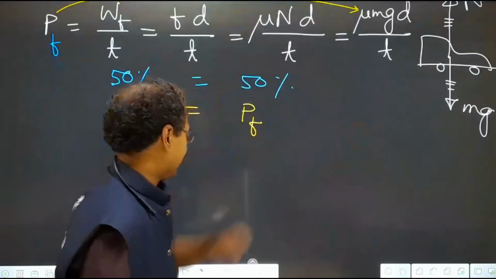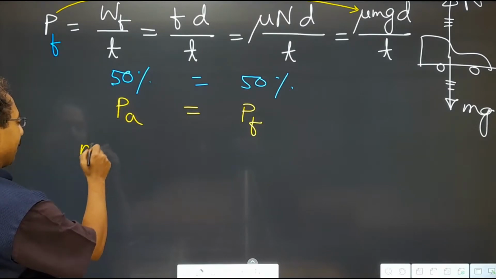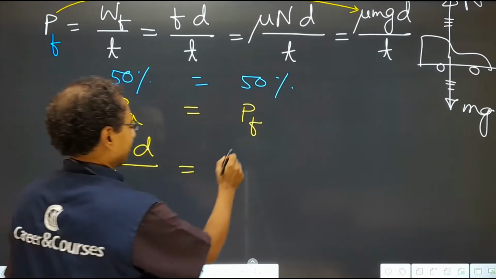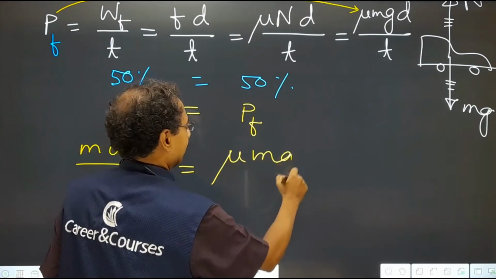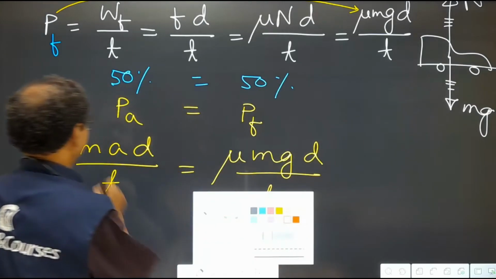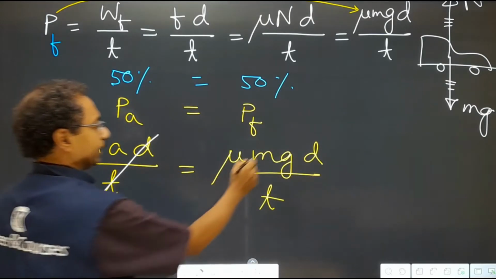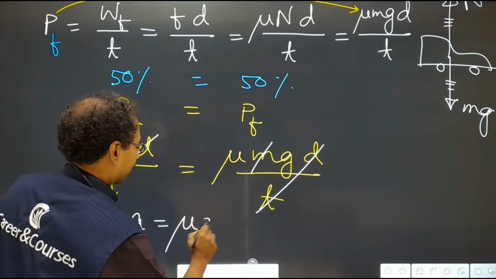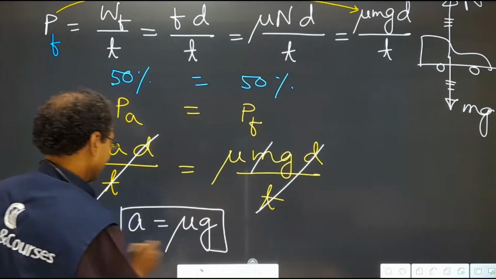So if we equate these two parts, what we get? PA, means mad divided by t, is also equal to mu mgd divided by t. So after simple calculation, md by t will be cancelled out, and we get our required shortcut technique: a equal to mu g.